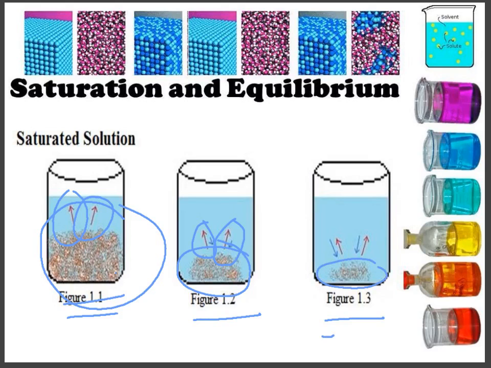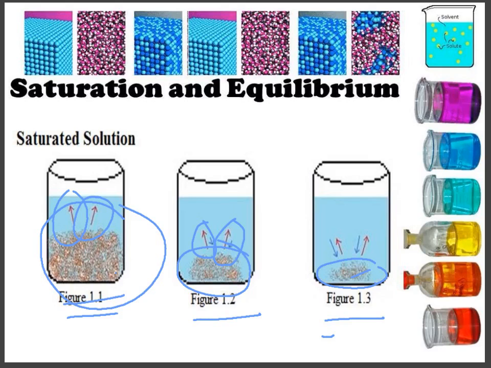In this process, the rate of crystallization becomes stronger than the rate of dissolution, causing the amount of undissolved solute to be less than the amount crystallized. So there are more particles that have crystallized.